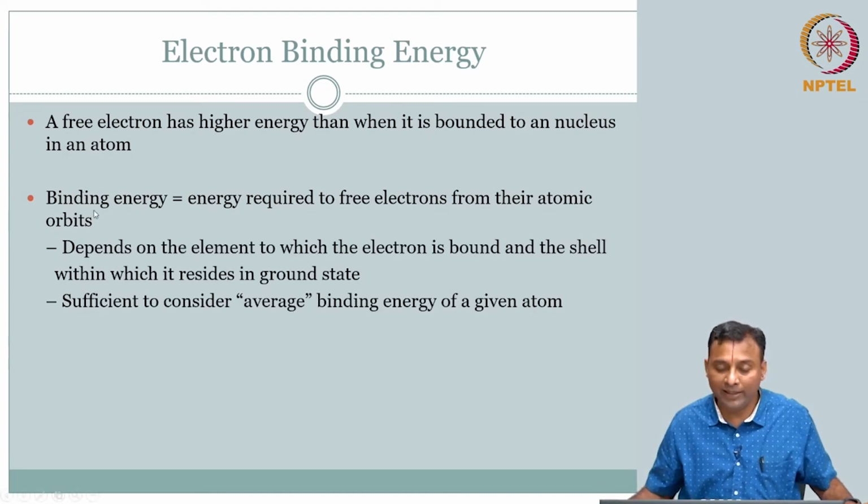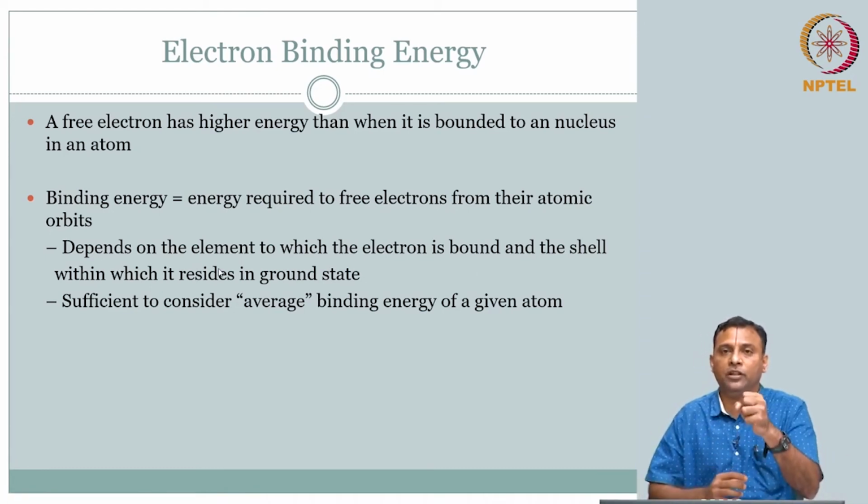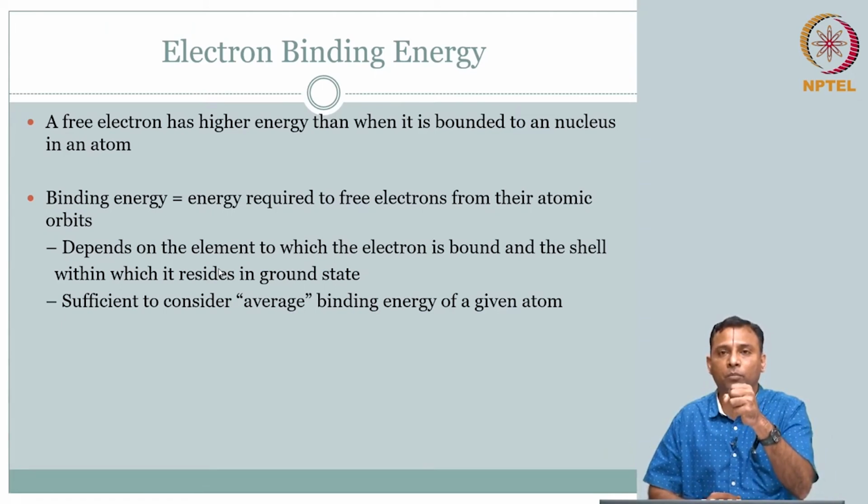So clearly the binding energy depends on the element to which the electron is bound naturally and the shell within which it is residing in the ground state. If you have a larger atom, then there are more protons in the nucleus.